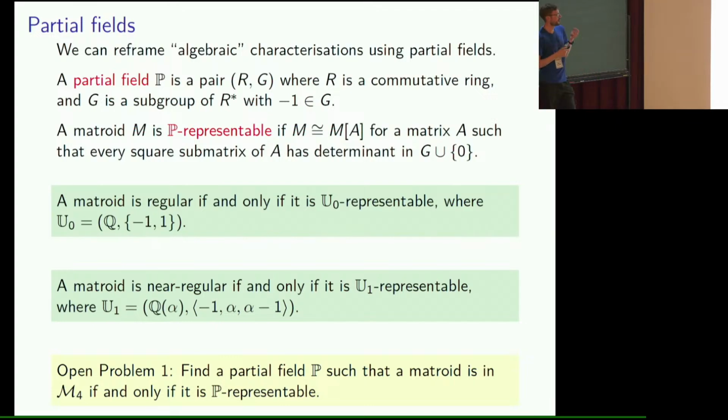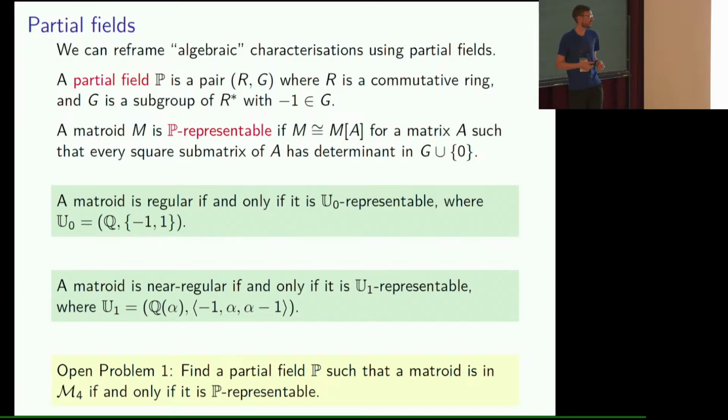And G is going to tell us what we're allowed for the determinants of our square submatrices in our representations. So to be P-representable for some partial field P, this is like representability in the normal sense that hopefully you're all used to, except that we also require that the subdeterminants of our square submatrices are in this group G when they're non-zero.